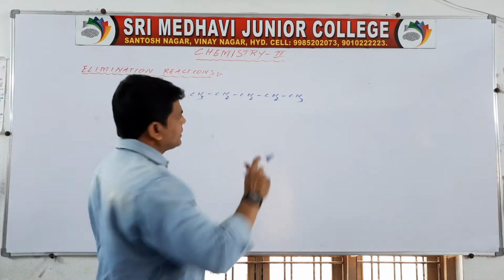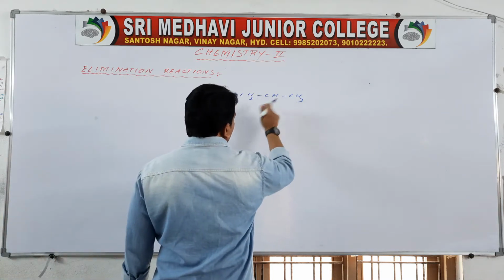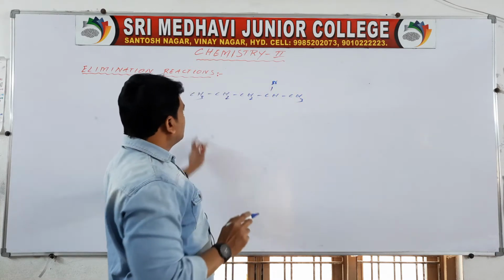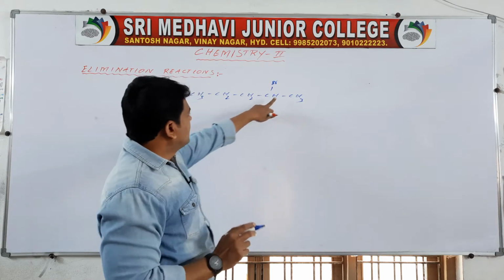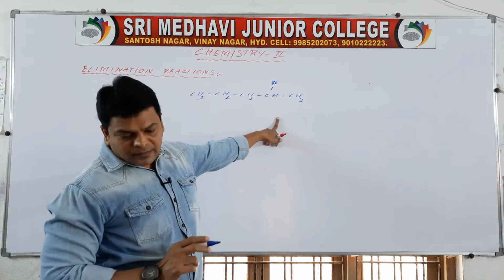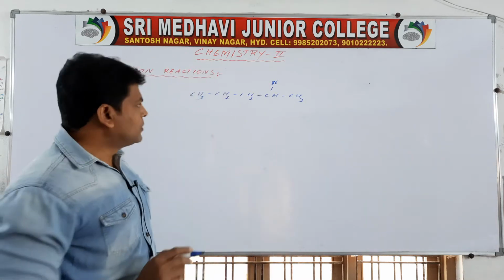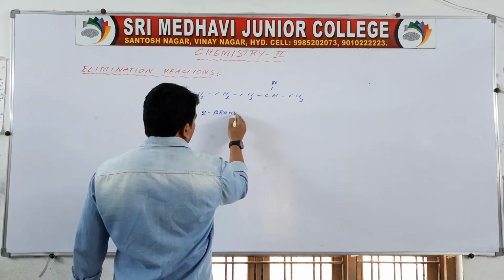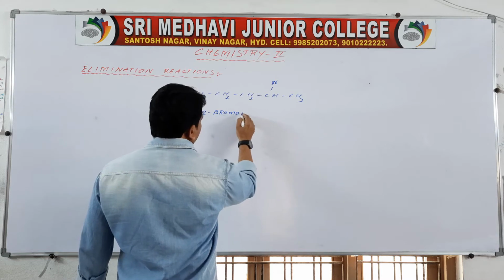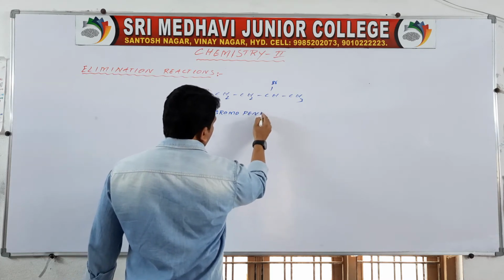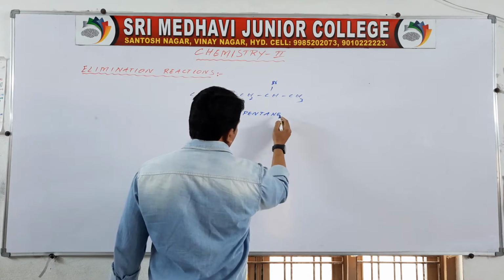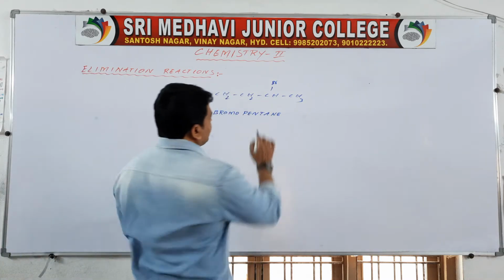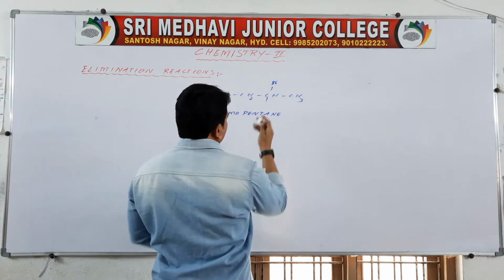Here it has a bromine group, so it is nothing but 2-bromopentane. The name of this molecule is 2-bromopentane.